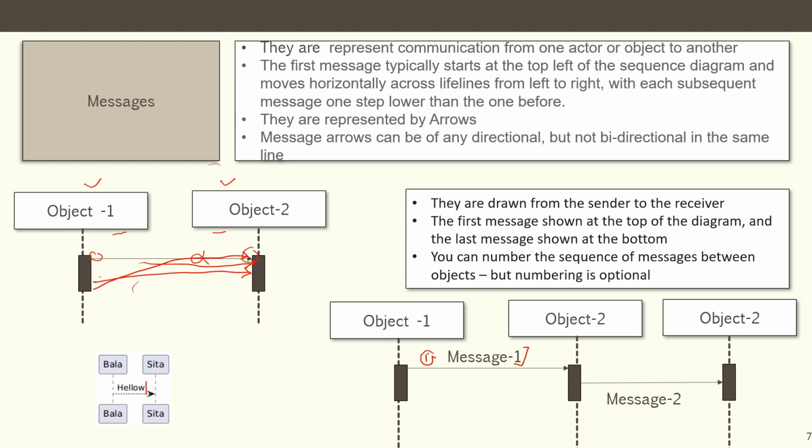And you can refer to this number and textually explain it as part of your design documentation. So this is optional. You need not have the text over the message or the numbering over the message for all the messages between the lifelines. That's an optional one.